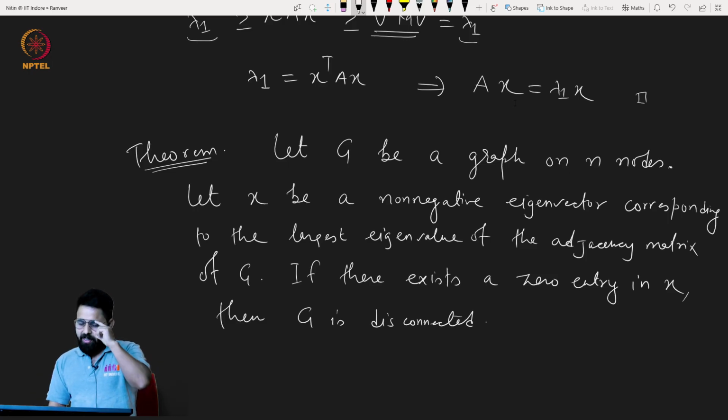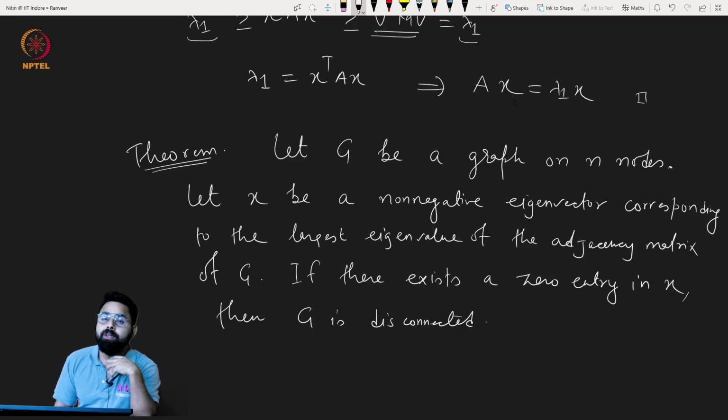Very useful, just by looking at x, which is a non-negative eigenvector. Remember, due to the previous theorem, we know that there always exists a non-negative eigenvector. And if in this non-negative eigenvector there are some entries which are zero, this will imply that the graph is disconnected. How to prove this?